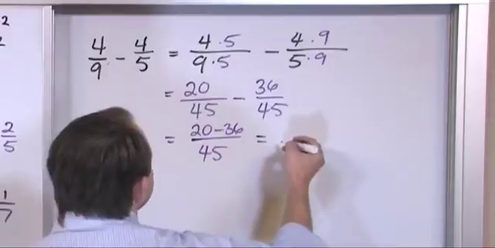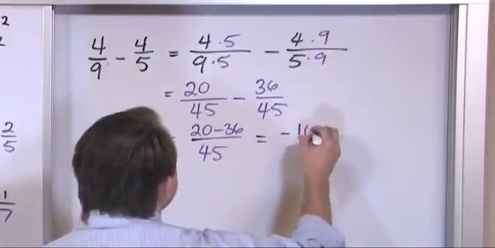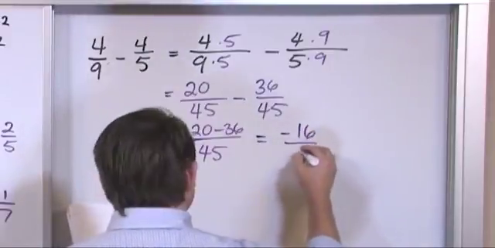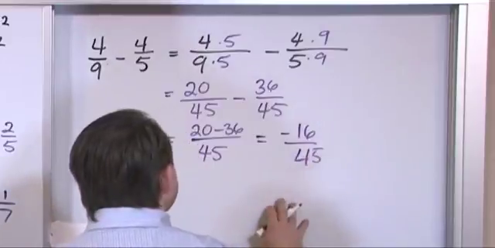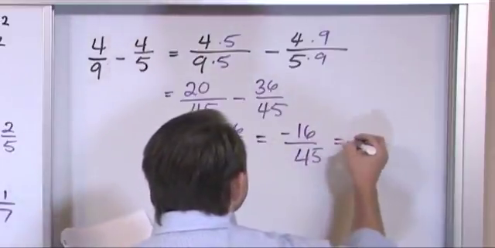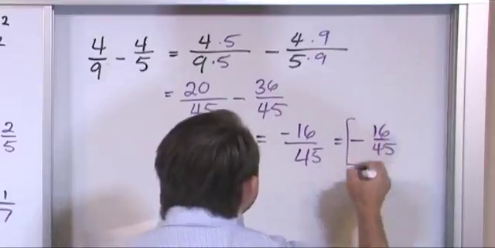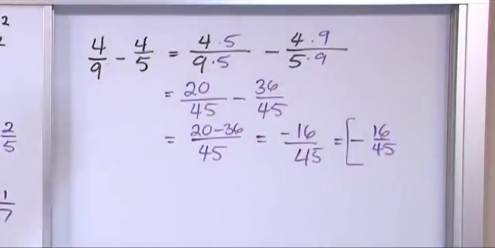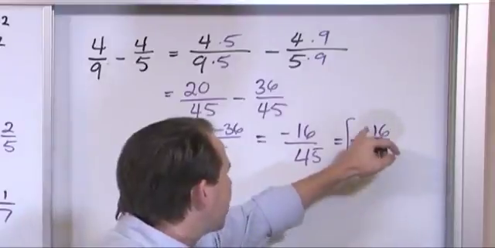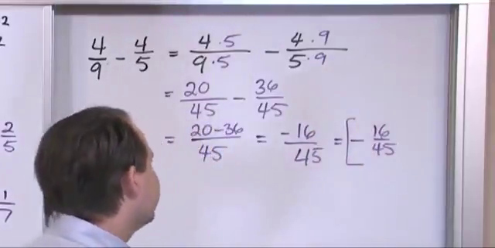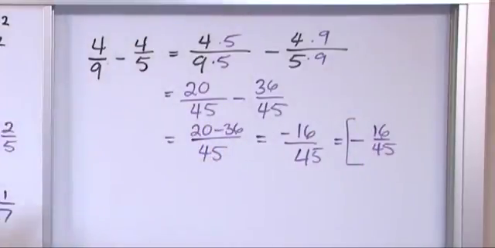Now when you do 20 minus 36, you're going to get negative 16 in the top over 45. Negative 16 over 45, and that's the answer. And there's really no good way. I can't really divide by 2 in the top and the bottom. I can't really divide by 3. I don't really think there's a good way I can simplify that, so I'm just going to leave it exactly like that.